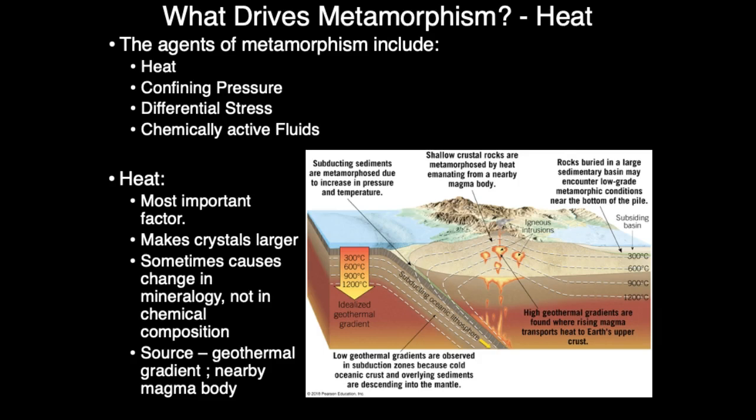The image in this slide shows several examples of conditions in which heat drives metamorphism from either of the two heating mechanisms. Environments where rocks may be carried to great depths and be heated include convergent plate boundaries, where the slabs of sediment-laden oceanic crust are being subducted.